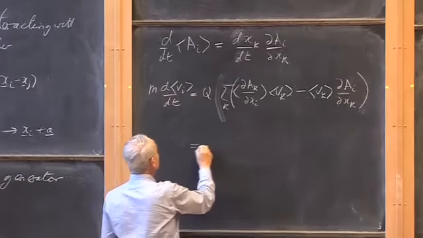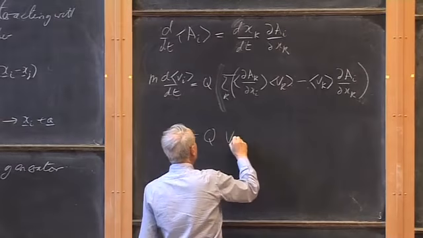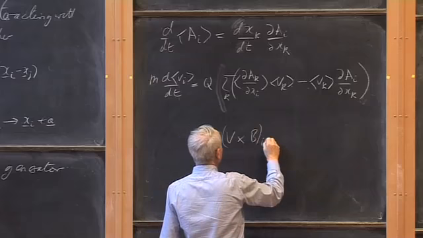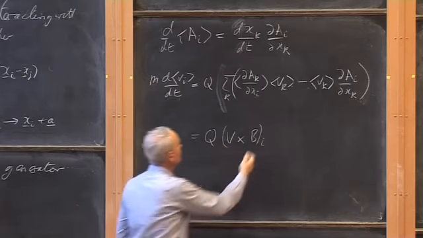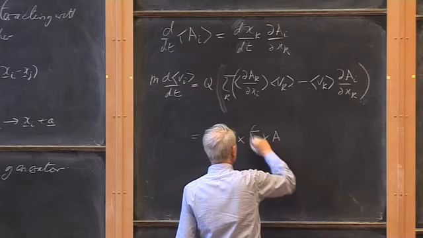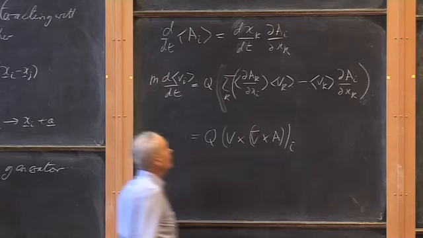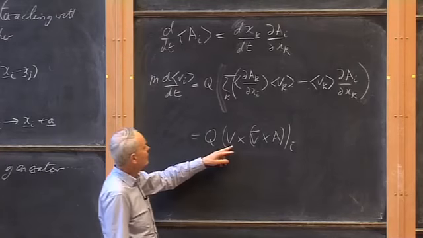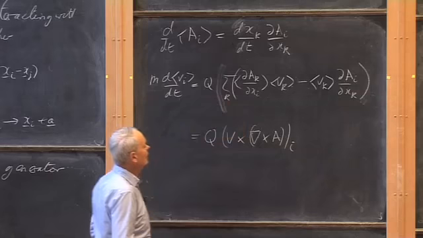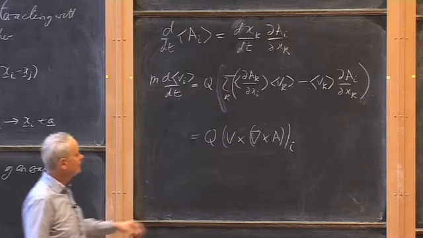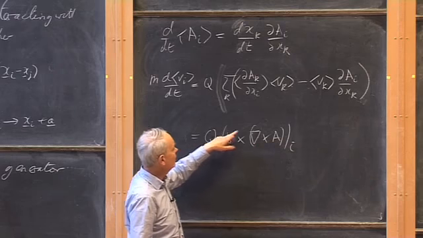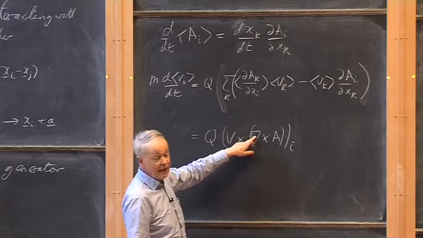Now this is actually equal to q (v cross B) i-th component, because it's v cross (∇ cross A). I claim that this is true. Let us see whether it is true. In order to expand this vector triple product, we would say it was this thing dotted with this thing in the direction of that thing.